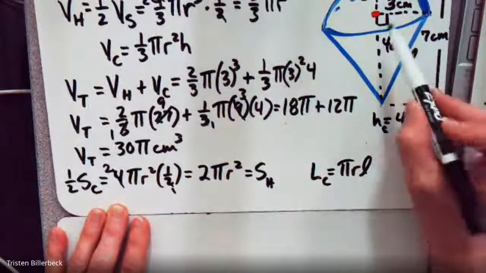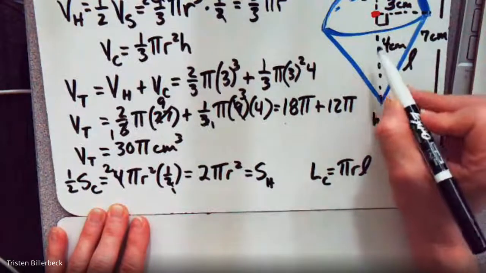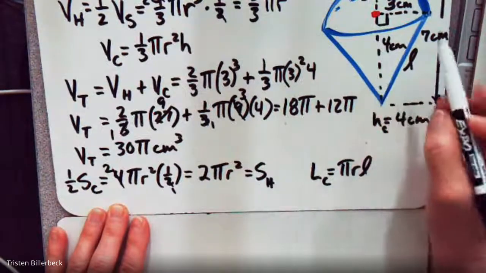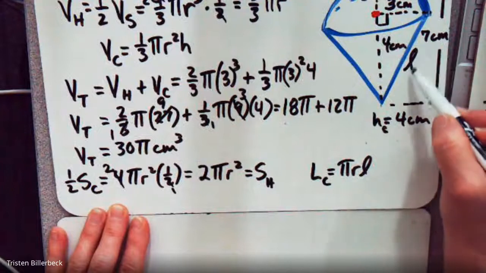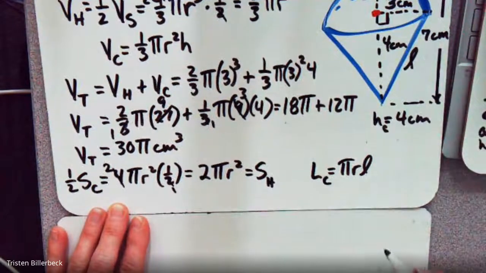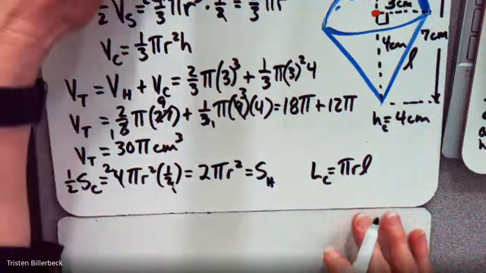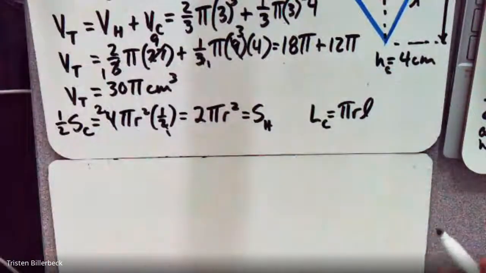But when we look at this, we have a 3 and a 4, and if we know our Pythagorean triples, we know L is 5. But just in case you didn't know that, let's find it out.